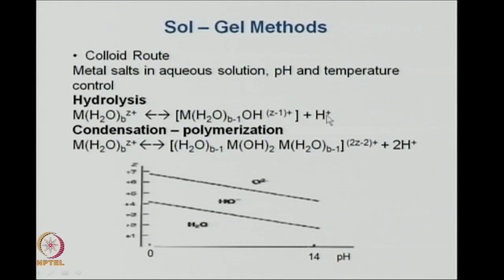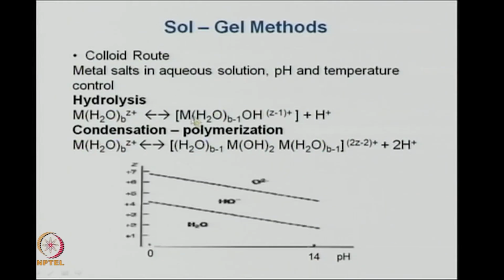and one proton is liberated. Now, when you have this unit and it combines with another unit of this, you have condensation, and now from this you get two metal atoms with the water molecules which is one less than what it should be, and two water molecules go away to give you two hydroxyl groups and two protons.